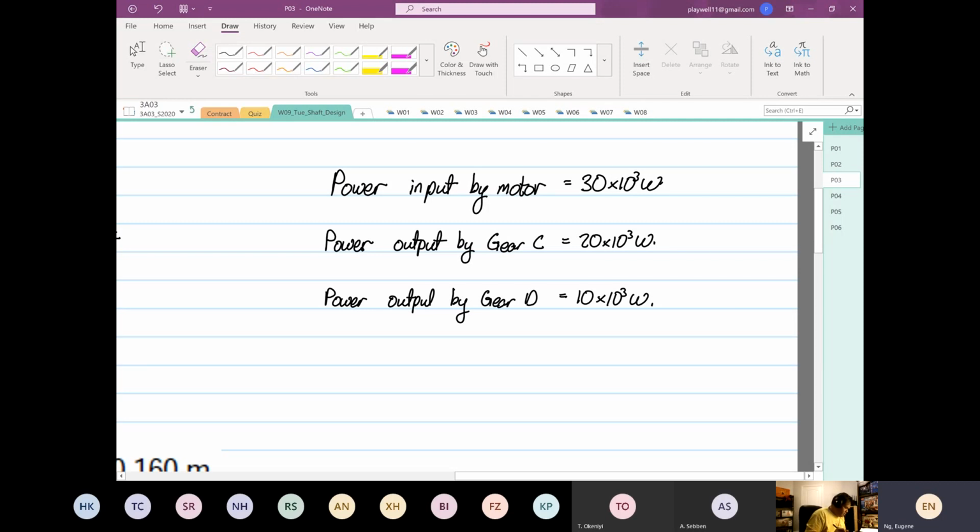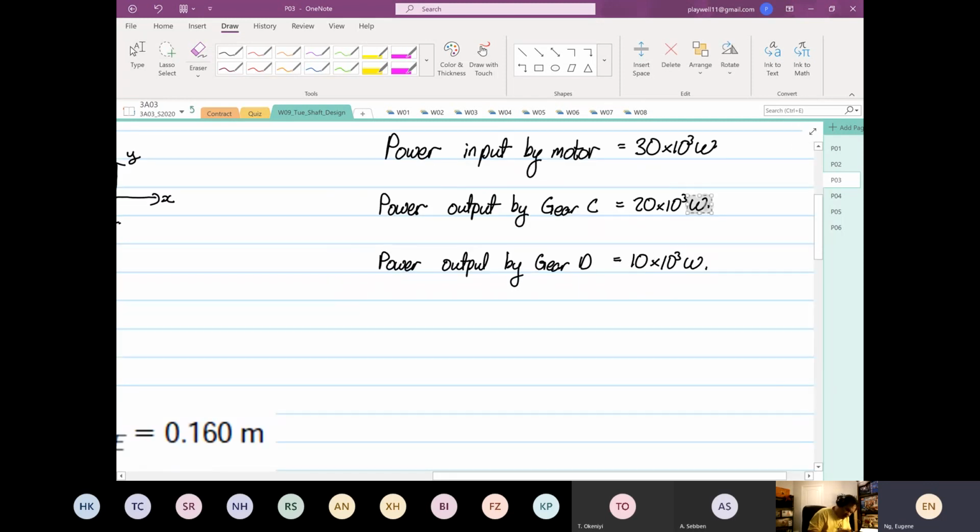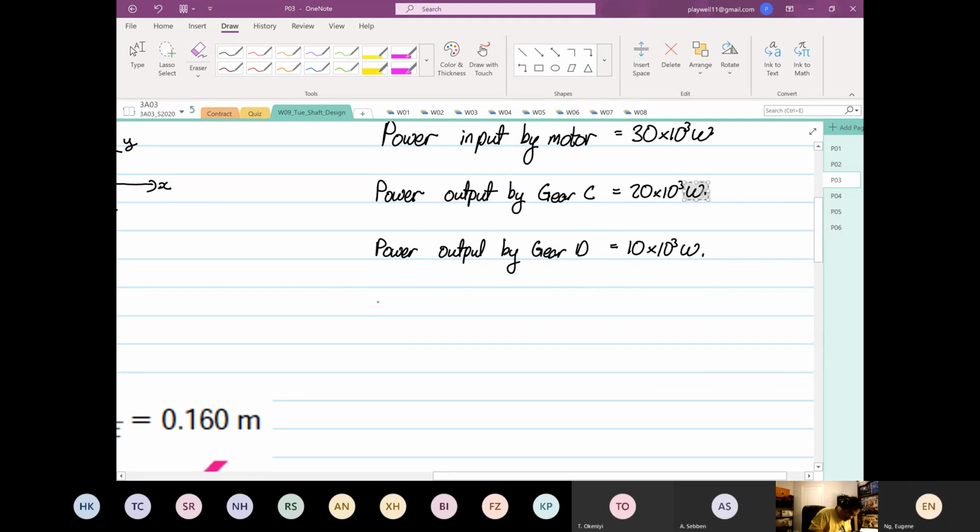We are given that the shaft AB rotational speed is equal to 480 revolutions per minute. This is given to us.